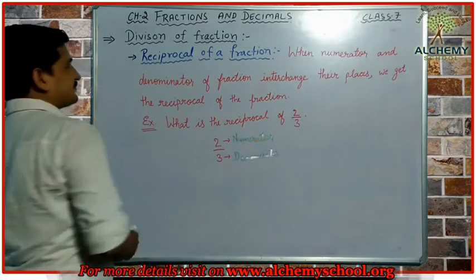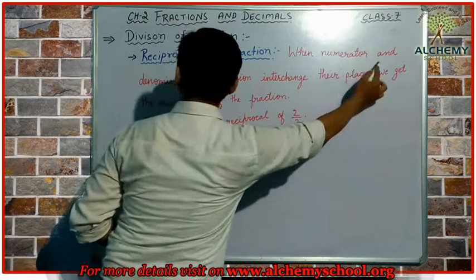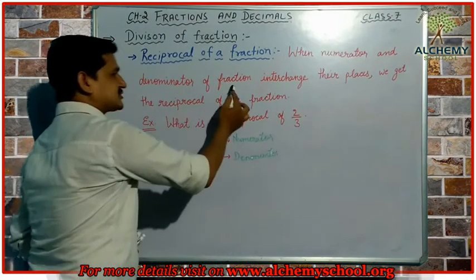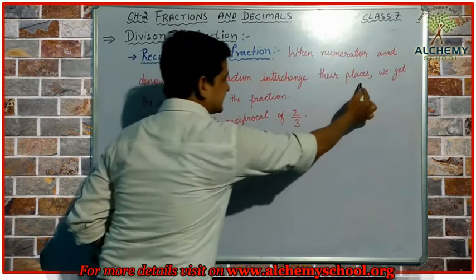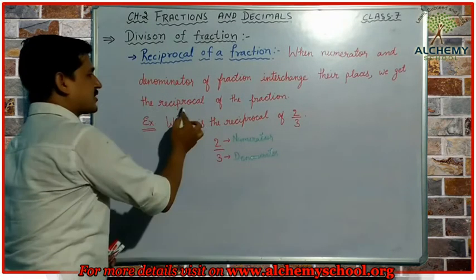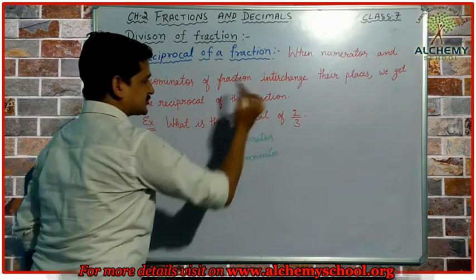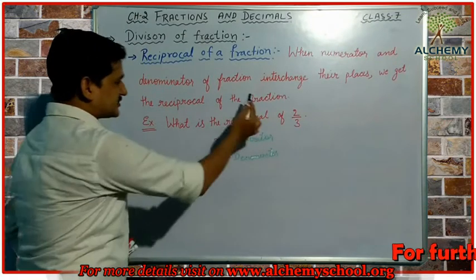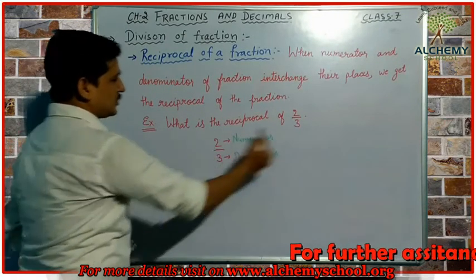So students, when the numerator and denominator of a fraction interchange their places, we get the reciprocal of the fraction. We can try to understand the same thing with one example.